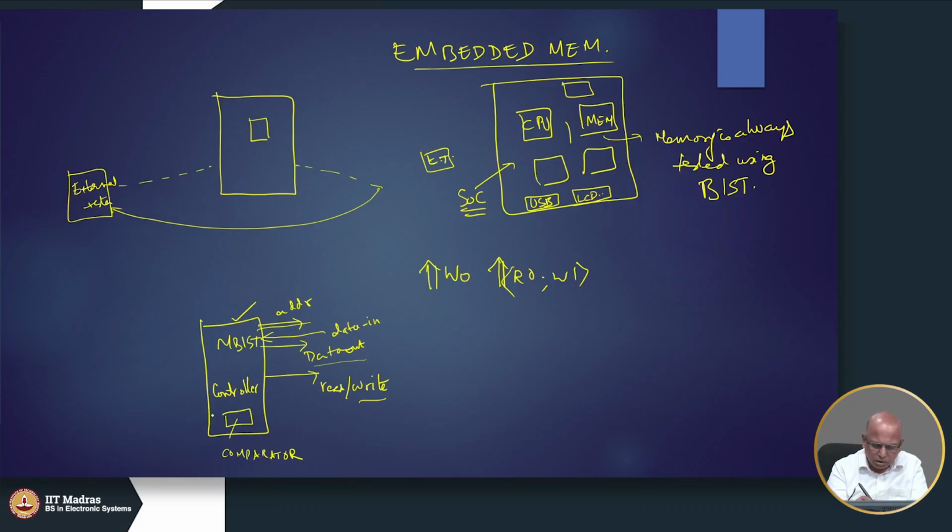And it will also log. So whenever there is a mistake, that means the expected value was 0 but we are reading 1, there is a way to log all that information.